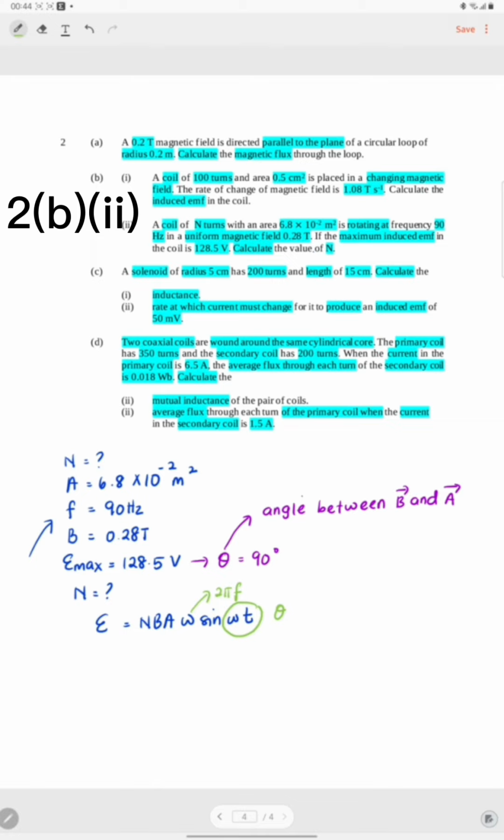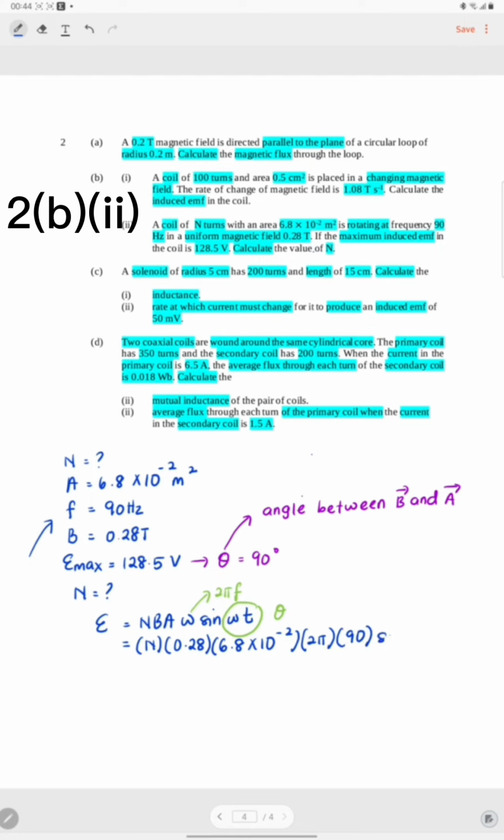I want to substitute all the information that we have listed down. I have N turns, B is 0.28, the area given is 6.8 times 10 to the power of negative 2, and omega is 2 pi times the frequency, which is 90.